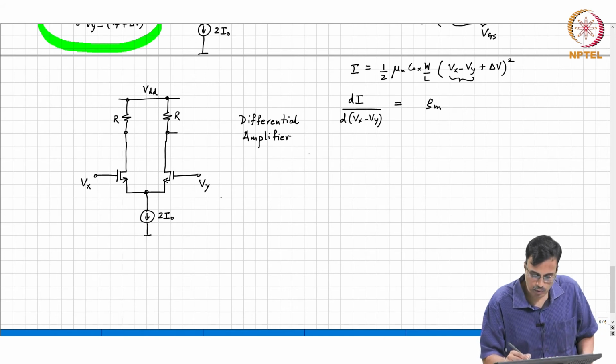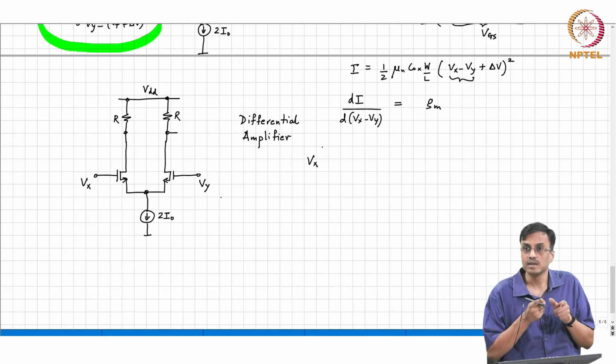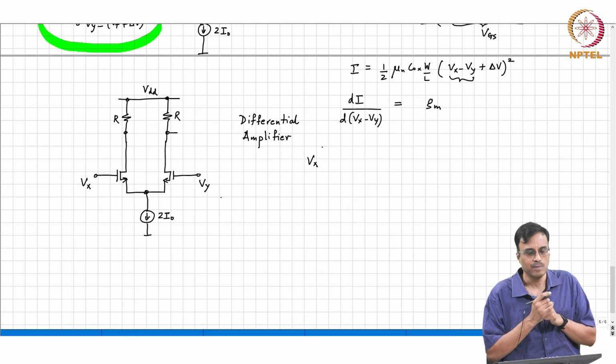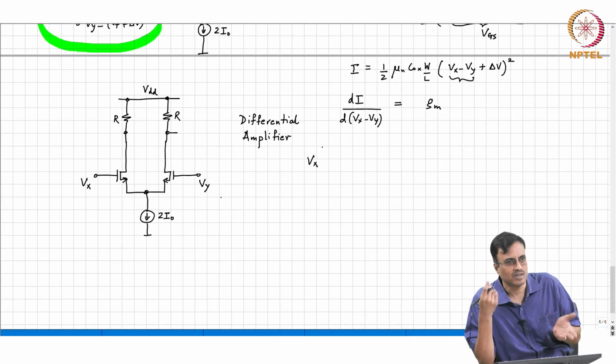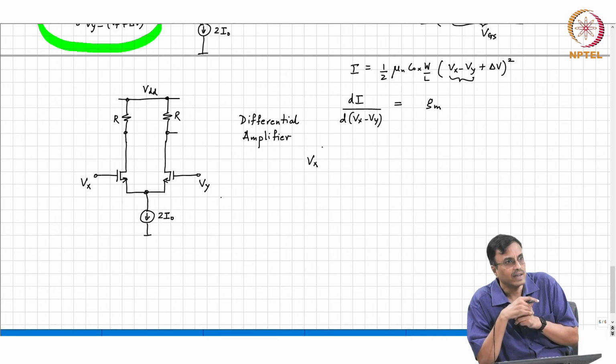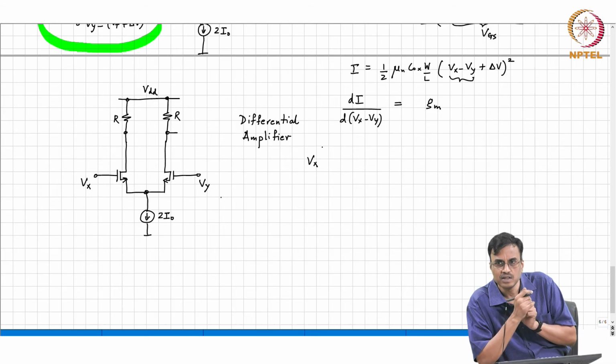Now, a little bit of notation. So, Vx and Vy are expected to be very close to each other. I mean, they will be the same only if the gain of the operational amplifier is infinite. In reality the gain is never infinite, it is only a very large number. So, Vx and Vy are going to be different, but the difference is going to be small.